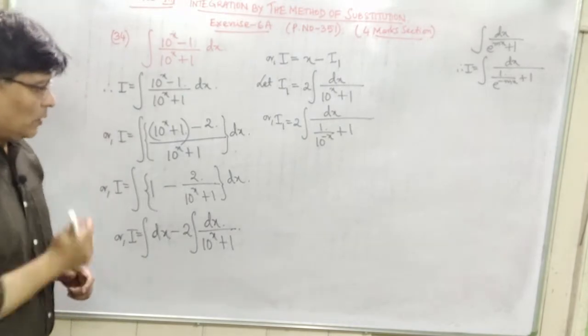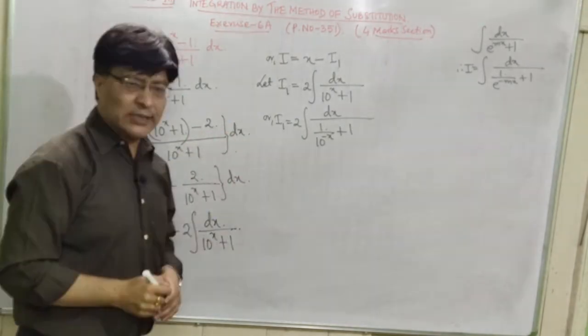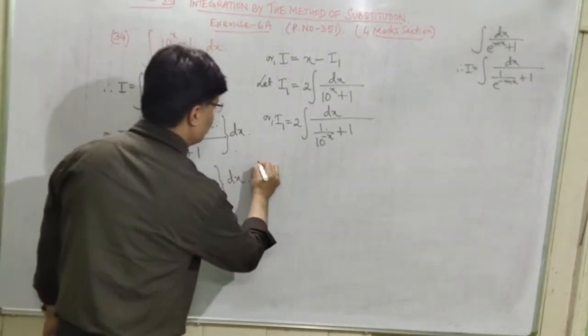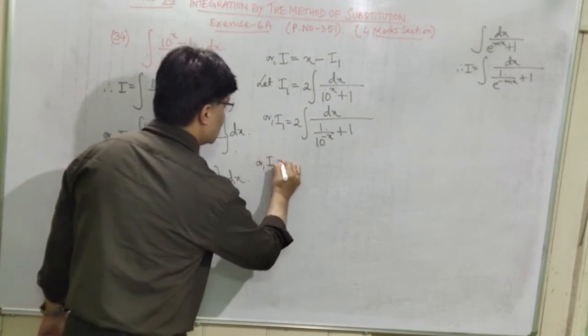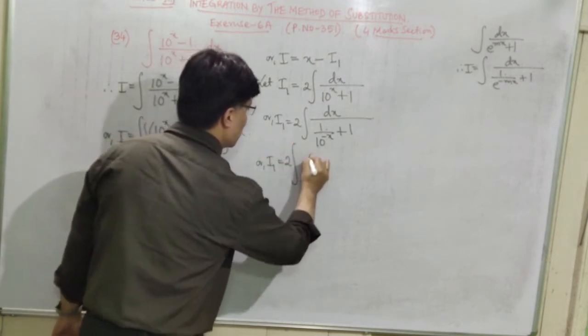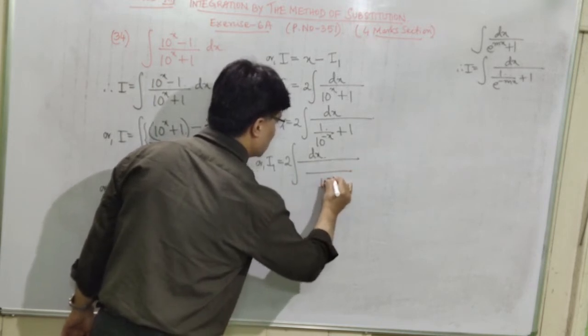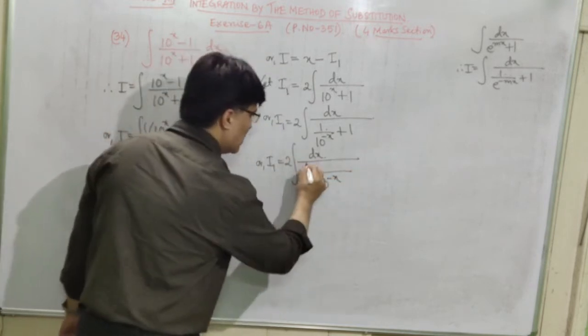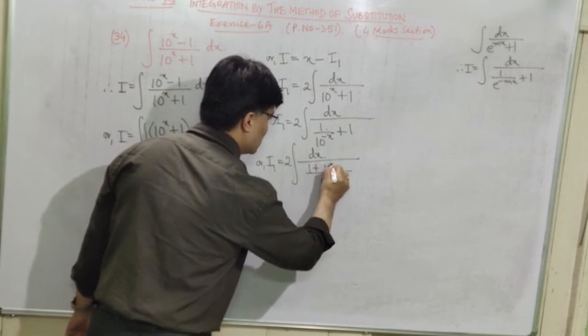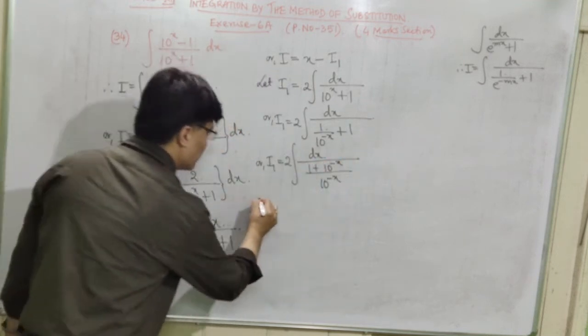Okay. So now in the next step, you can take the LCM here. Or I1 is equal to 2 integral sign dx divided by, what's the LCM in this case? 10 to the power minus x. So it is 1 plus 10 to the power minus x.